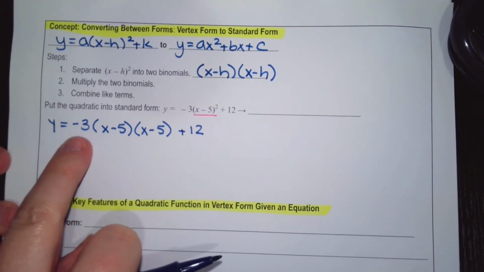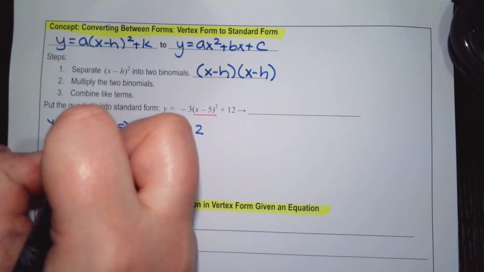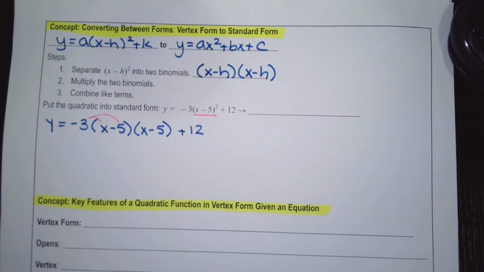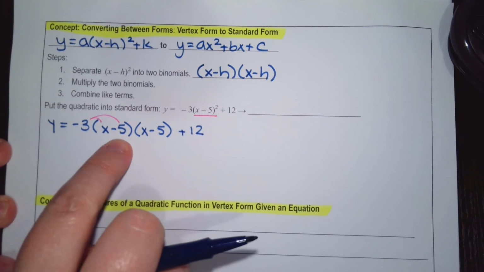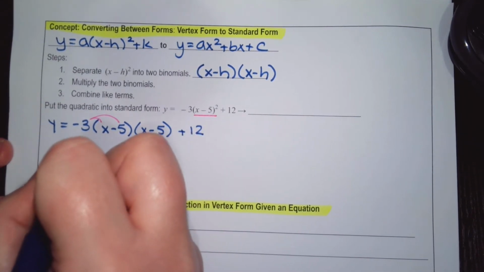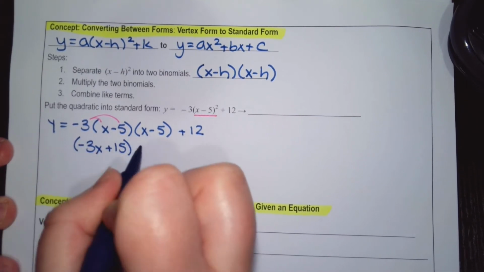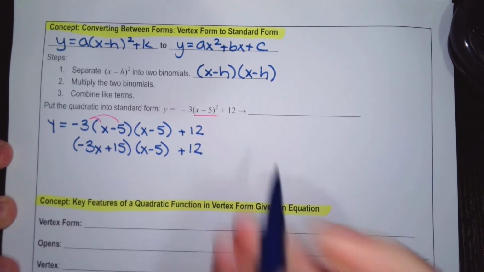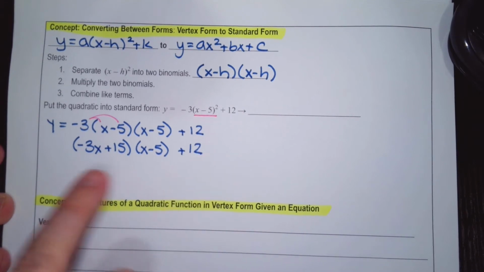Anytime you have something in front of the parentheses, I highly recommend starting with multiplying that to one of the binomials first. So we're going to multiply negative 3 to x minus 5, just the first one. So we're going to have negative 3x plus 15, x minus 5 plus 12. We're not going to do anything with this plus 12 until the very end.